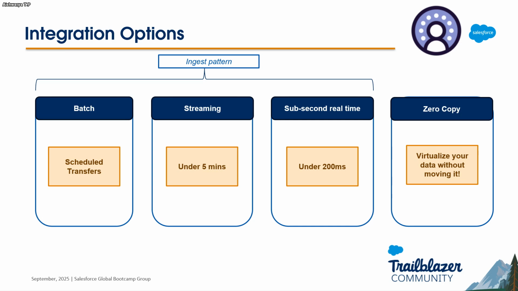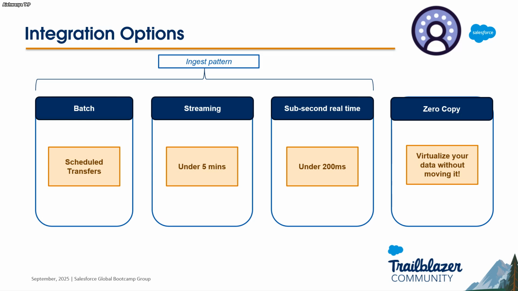Then comes zero copy. We have these three types of ingestion patterns: batch, streaming, and sub-second real time. Zero copy is more advanced, because it acts immediately, in actual real time. As soon as a change happens in your source system, it is immediately reflected in Data Cloud, which was not the case in the previous ingestion patterns.